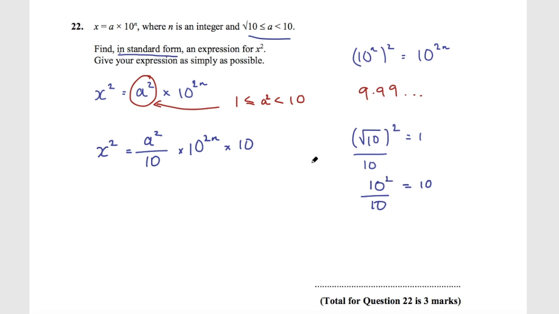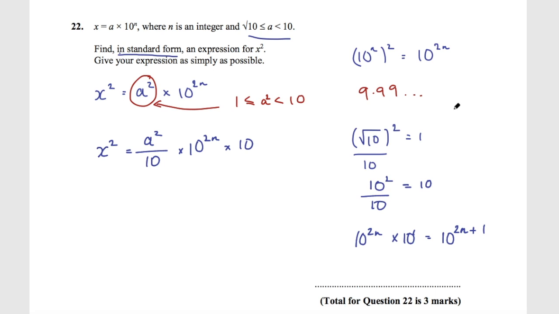All I've really done is multiplied it by 1, or 10 on 10. Okay, and now for this part of the expression, 10 to the 2n multiplied by 10 can be simplified, because here we have the same base numbers, and so we can add the exponents. So 10 to the power of 2n multiplied by 10 to the power of 1 becomes 10 to the power of 2n plus 1.